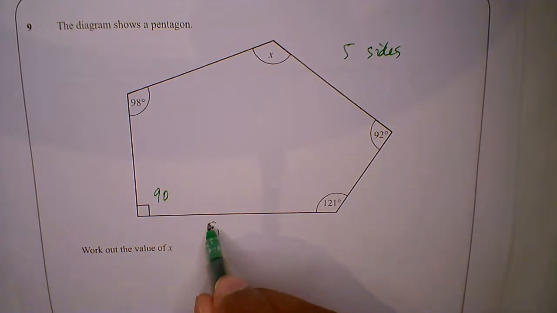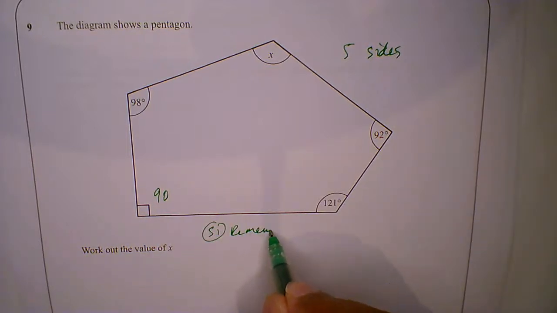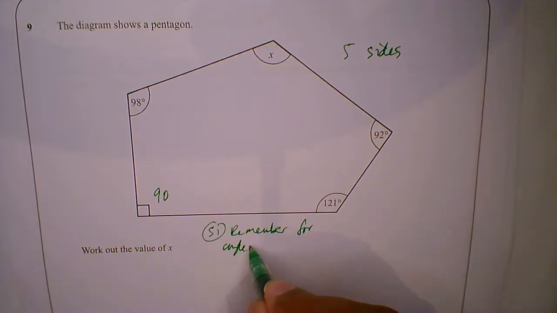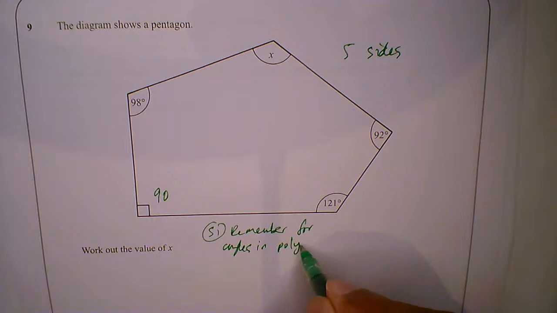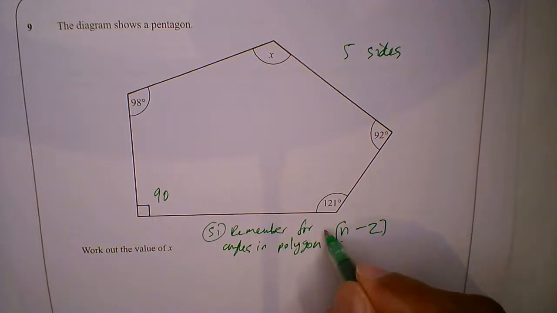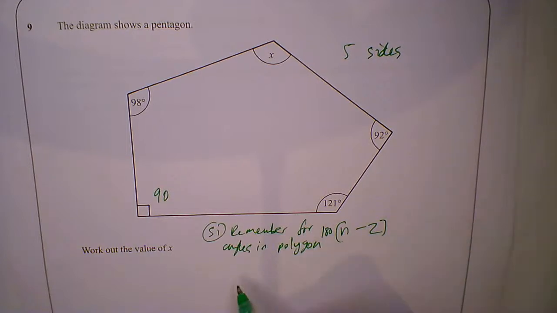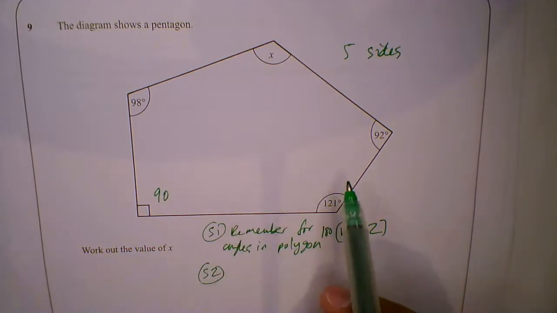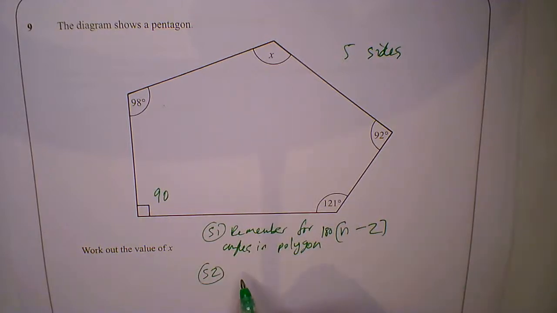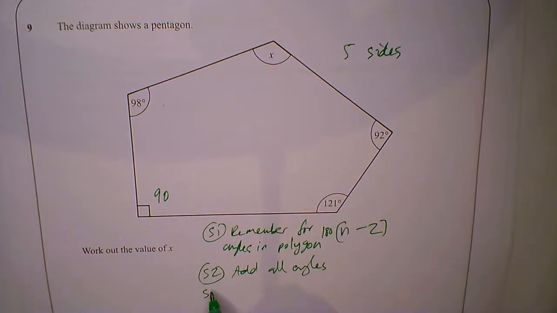Step 1 is I'm going to remember my formula for angles in polygons: n take away 2 times by 180. Step 2, all of the angles will equal to that, so add all angles. And then step 3, work backwards to find x.